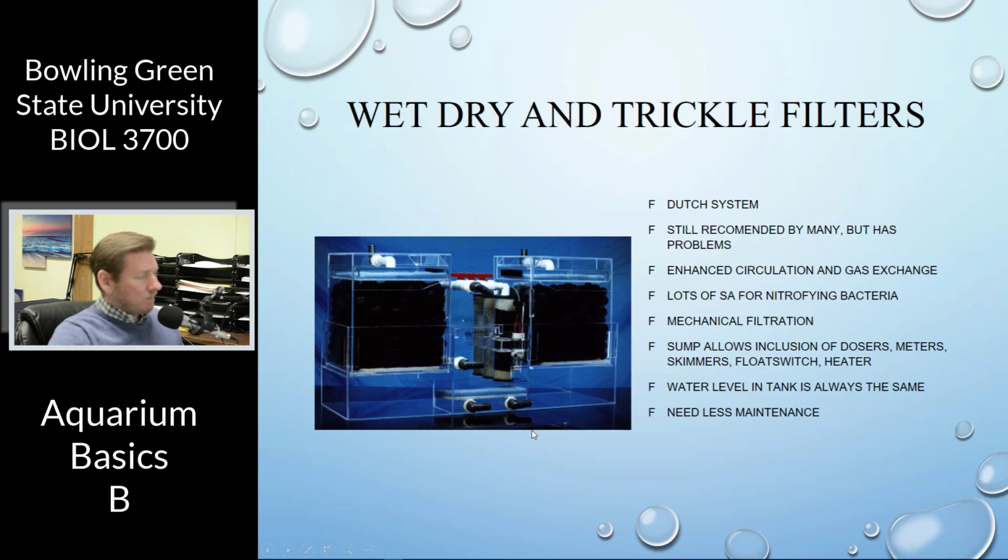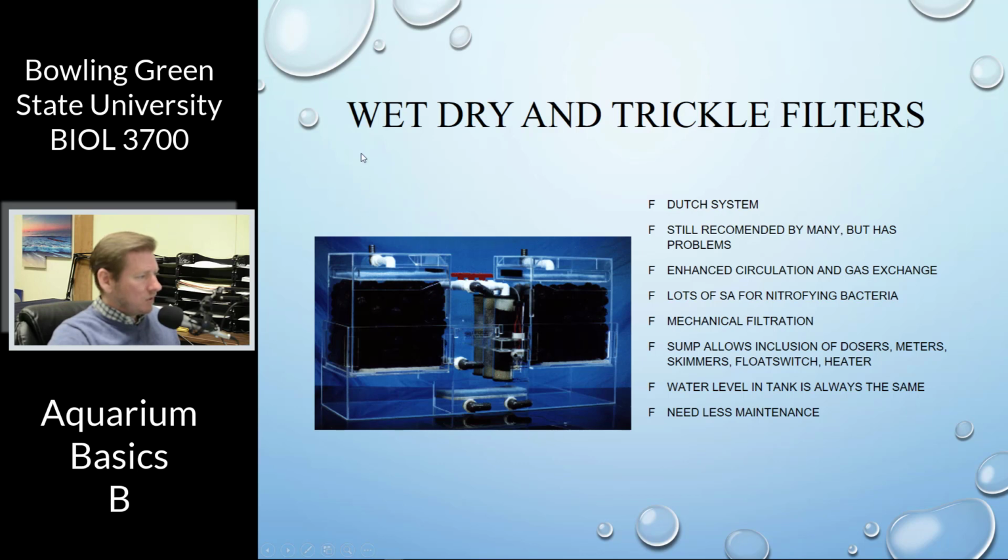All right, on to the wet, dry, and trickle filters using a sump. So in this picture here, you can see this is a newer version of a wet, dry, or trickle filter. Some people used to call it the Dutch system.